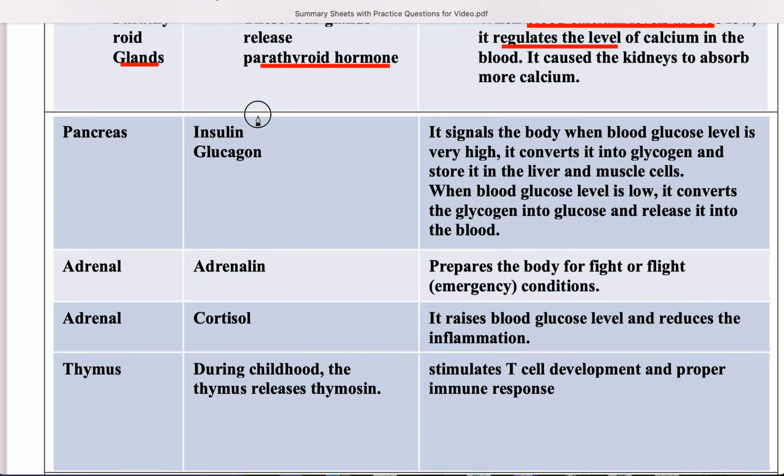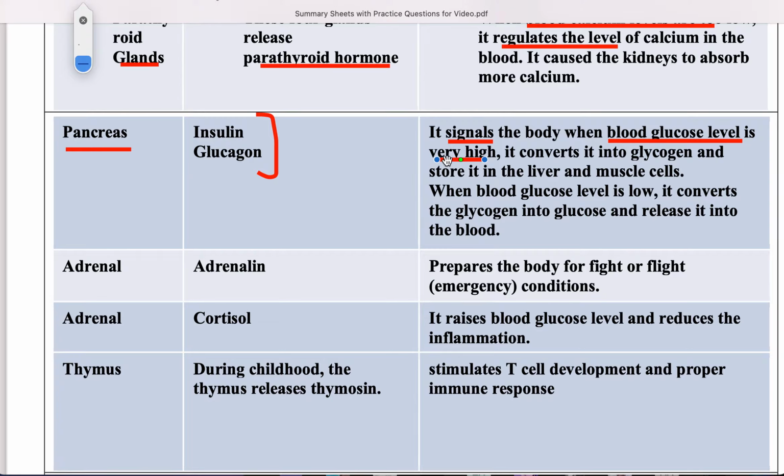Another pair of hormones is insulin and glucagon. Both are released from the pancreas and carry signal messages from the pancreas. If the blood glucose level is high, they will release insulin. And if the blood glucose level is low, they will release glucagon.